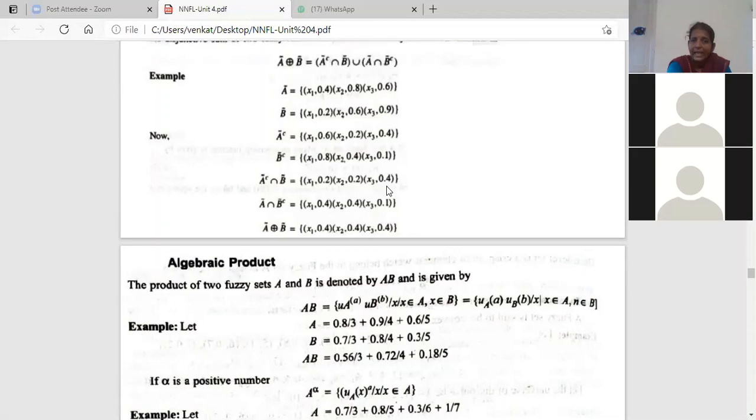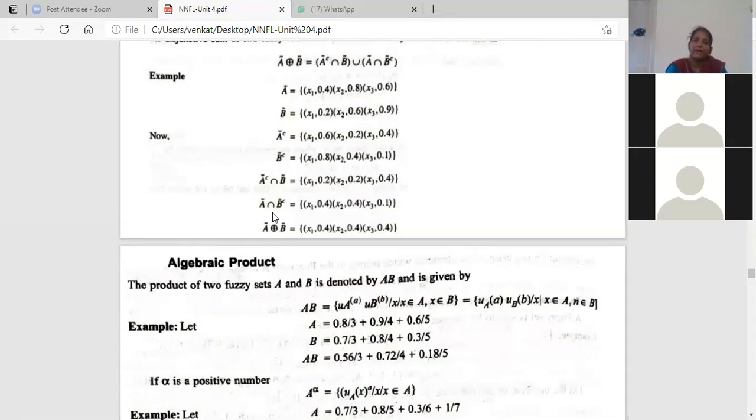Next, A intersection B complement. So here among A and B complement, which is minimum: 0.4, 0.4 as well as 0.1.